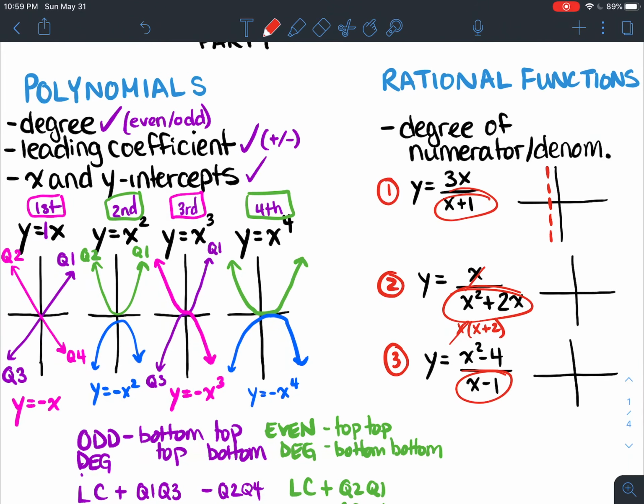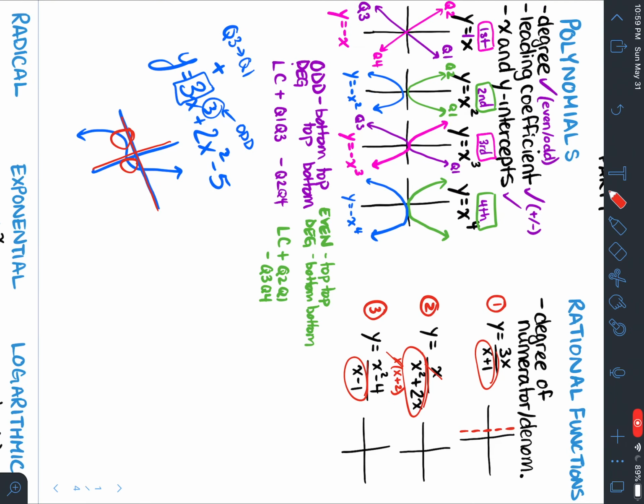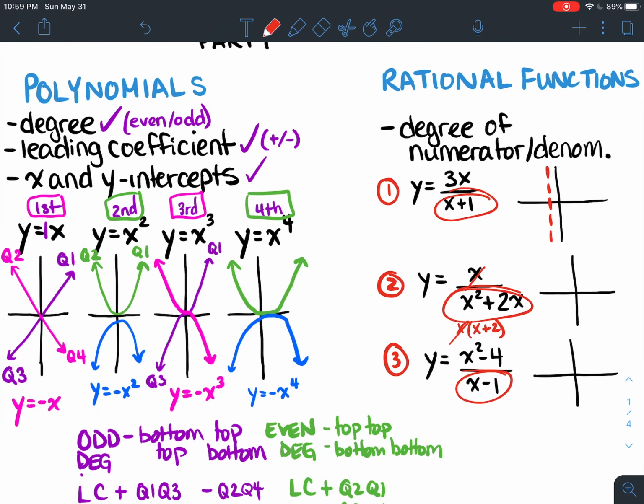Anytime something cancels on the top and the bottom, it produces a hole in your graph. And then that x plus 2 is going to give us our vertical asymptote at -2. Okay, cool. And then for graph number 3, I will have an asymptote at 1. Okay, so I got my vertical asymptotes just from looking at the denominator.